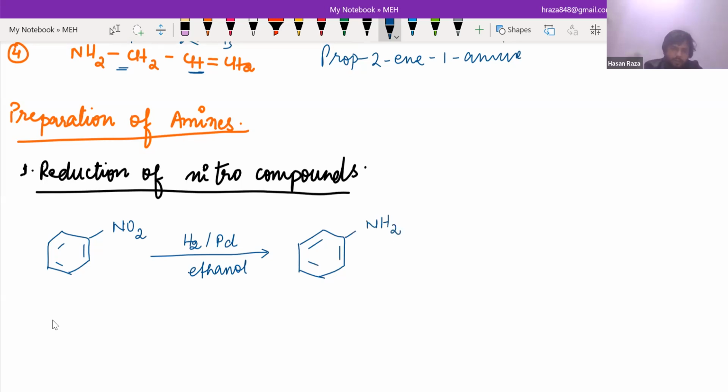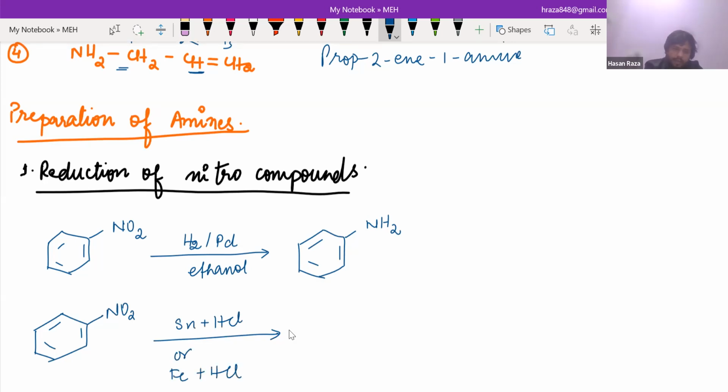There is another way to prepare the same product, and here it can be NO2. And either we can use tin plus HCl, or we can use iron plus HCl. And again, we will get aniline.